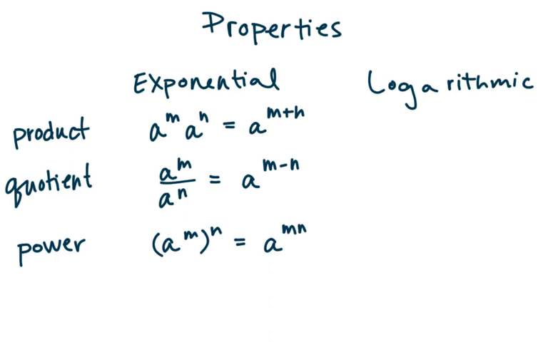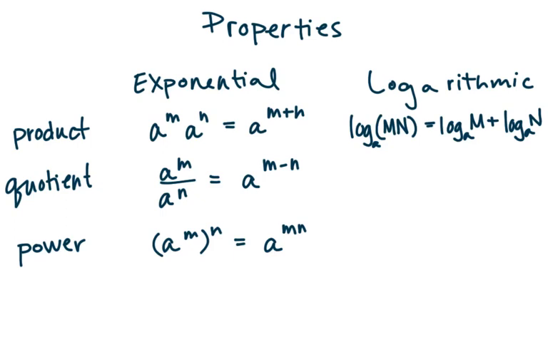So we have three rules, a product, quotient, and power rule, for logarithms. One thing we know is that log base a of m times n would be the same as log base a of m plus log base a of n.